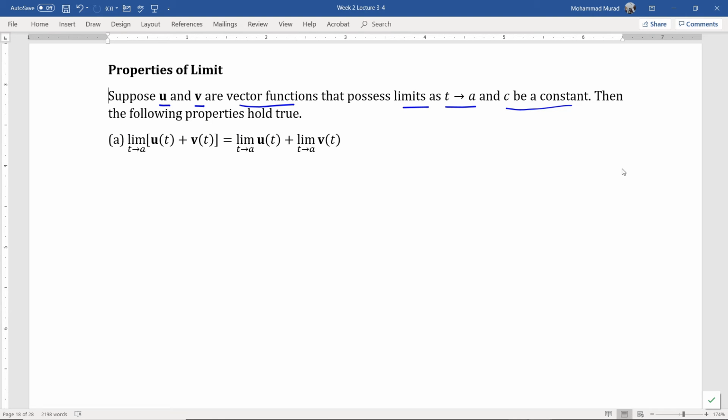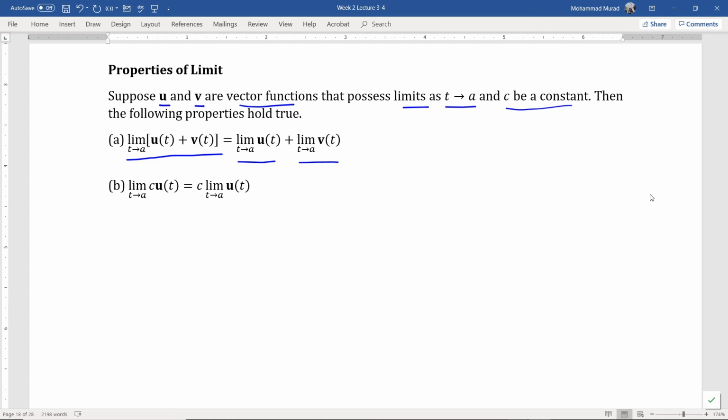A: the limit of u of t plus v of t equals the limit of u of t plus the limit of v of t as t approaches a. In short, this says the limit of the sum of two vector functions equals the sum of the limits of those vector functions.